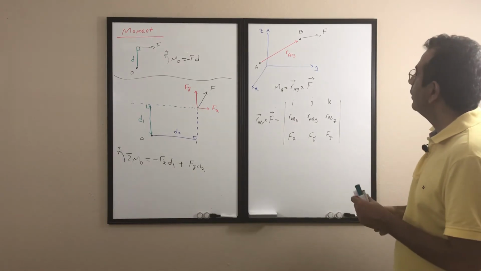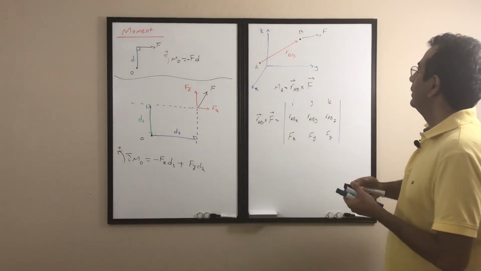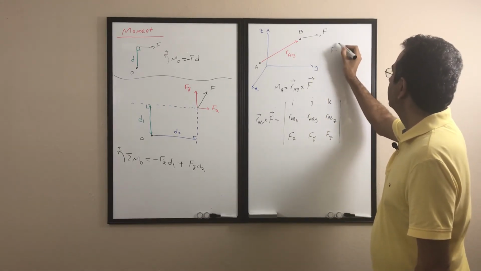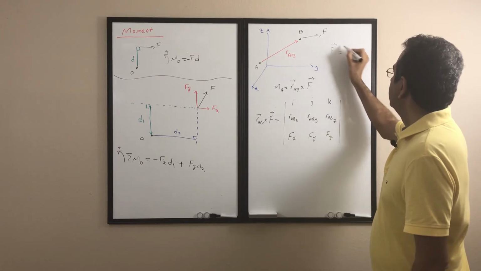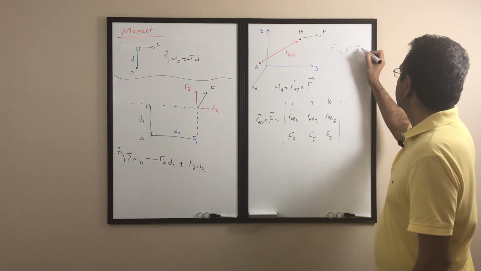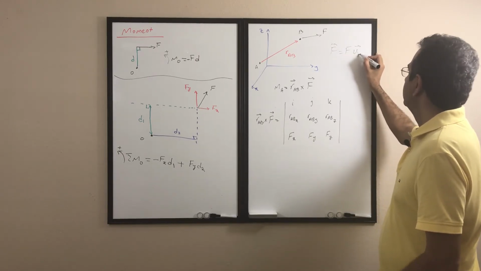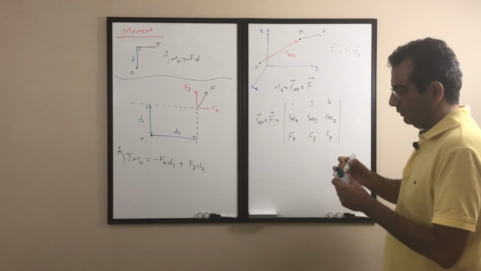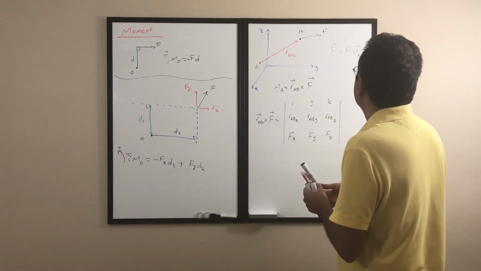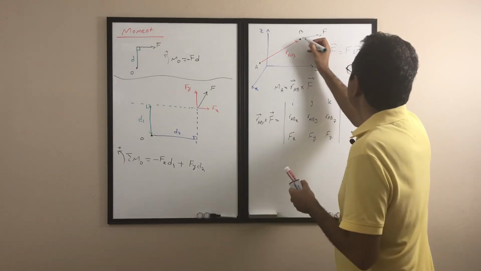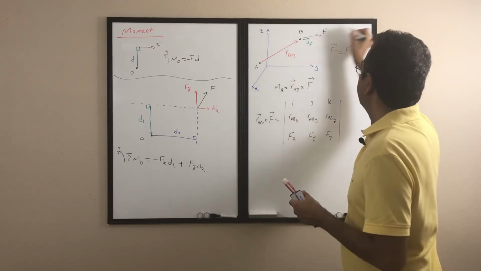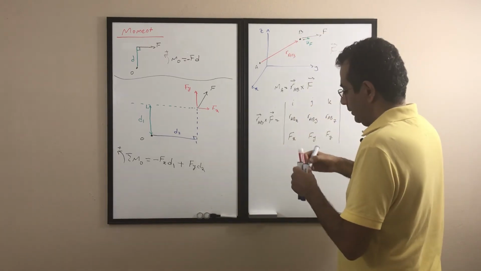So when we want to find the moment of a force, we'll do that. And also, if we don't know the F, the F here is the magnitude of F times the unit vector of F, as we did in 3D. So it's a unit vector along the F. For example, assume there's another point C here.